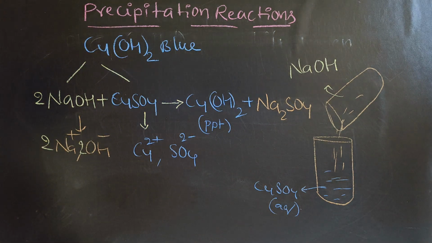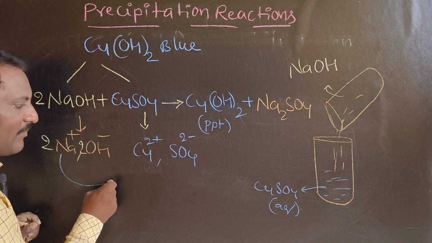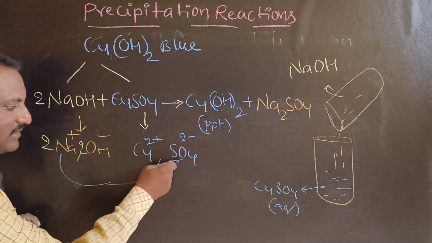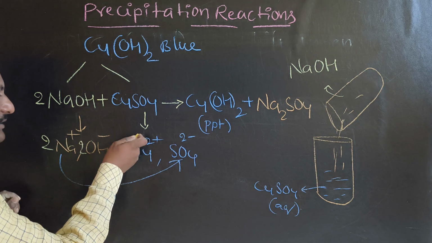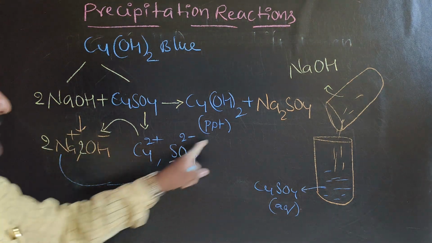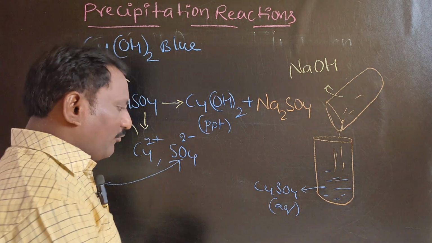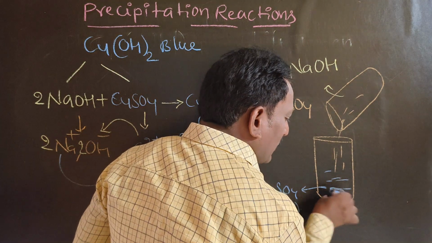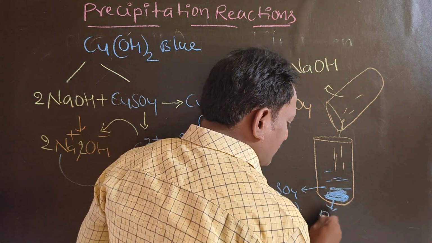The positively charged ion combines with the negatively charged ion of copper sulfate, and the copper ions combine with the negatively charged ion of caustic soda. Exchanging of ions takes place, and at the same time precipitation takes place. So blue color solid settles at the bottom, and this is called precipitate.